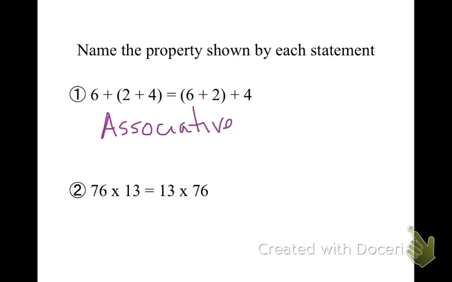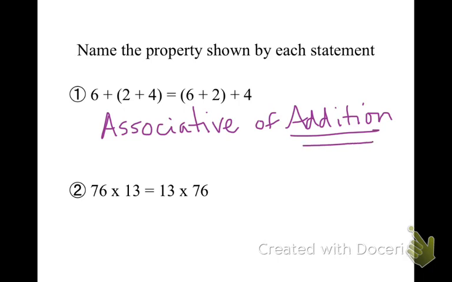And a lot of times you can leave off the word property, associative of addition. But putting which operation it is very important, because we have associative of addition, we have associative of multiplication. Which one did you mean? Looking at number 2, 76 times 13 is equal to 13 times 76.